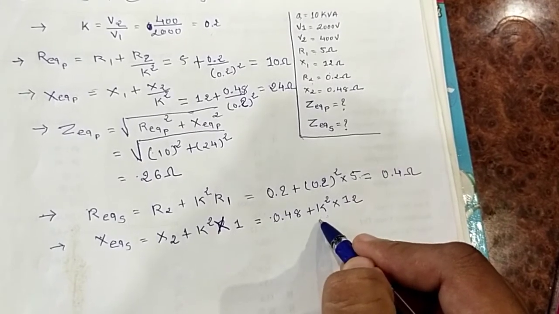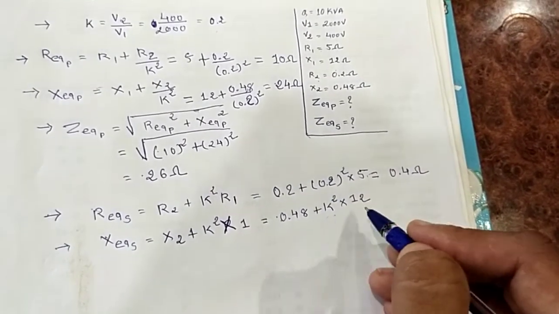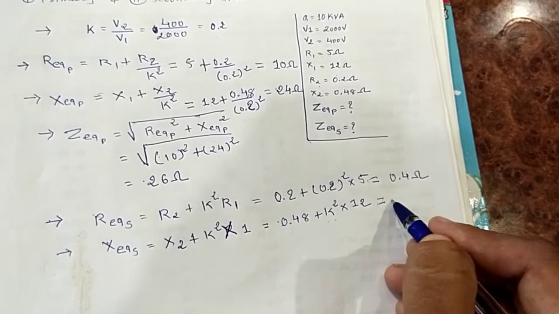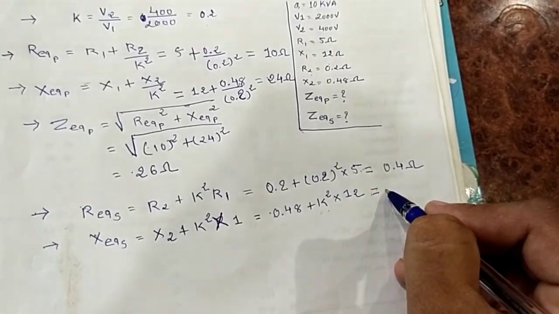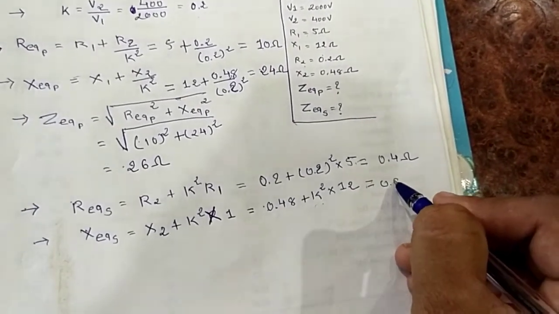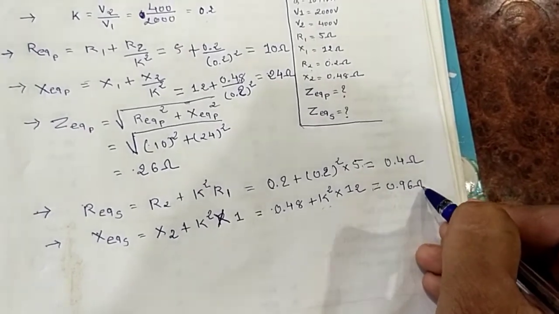The value of K is again 0.2. The answer is 0.96 ohm.